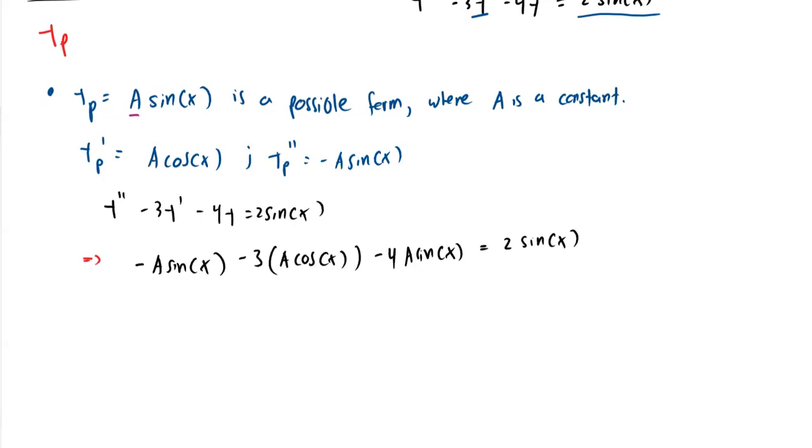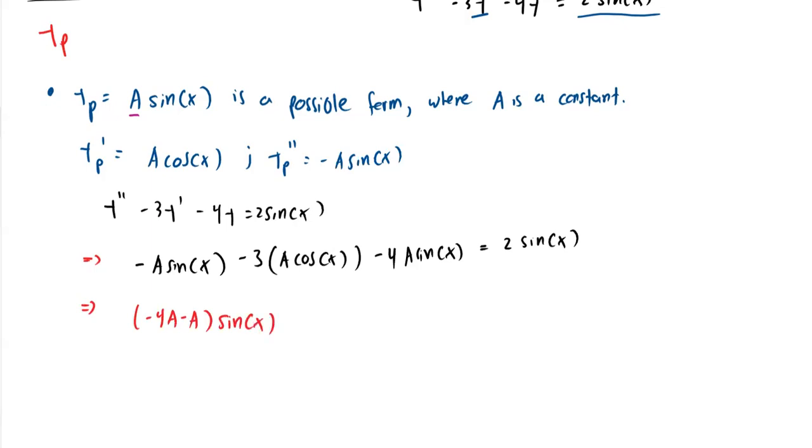And now after I simplify, you're going to see why this is a problem. So let's just combine all like terms. So I'm going to combine all terms that have sine and all terms that have cosine. So those are the two functions that I see. So if I combine the terms with sine, I see negative 4a minus a times sine.